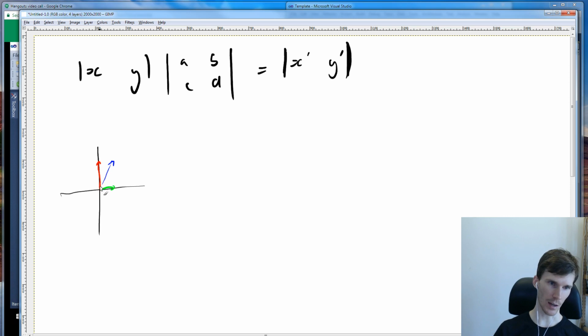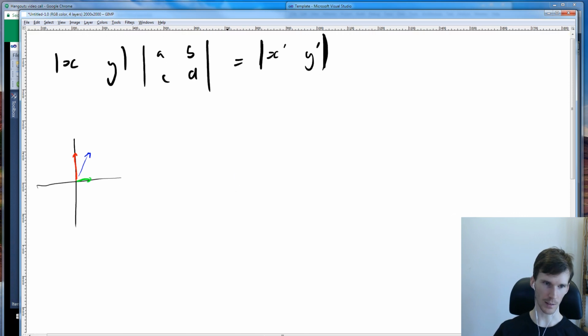Just to make our lives easy, we're also going to scale it as well. y is there because that's like 2y.